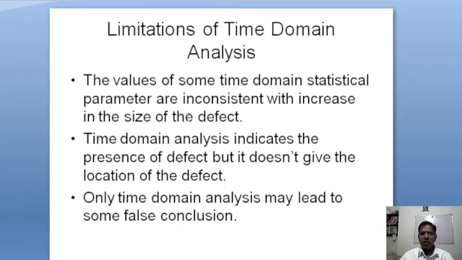Sometimes the time domain statistical parameters show an upward swing with an increase in the defect diameter. At the same time, with a further increase in the defect diameter, the statistical parameters start reducing. So these are some of the inconsistent results that we obtained from time domain statistical parameters.